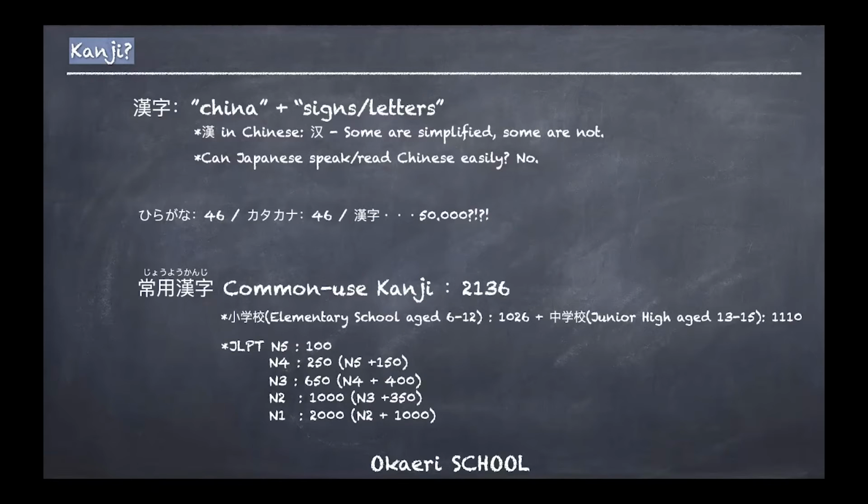They are all phonetic. Each letter has a sound, and that's it. They don't have meaning, just like the Roman alphabets you use in English, German, or Danish. And the kan in kanji in Chinese actually looks way simpler.